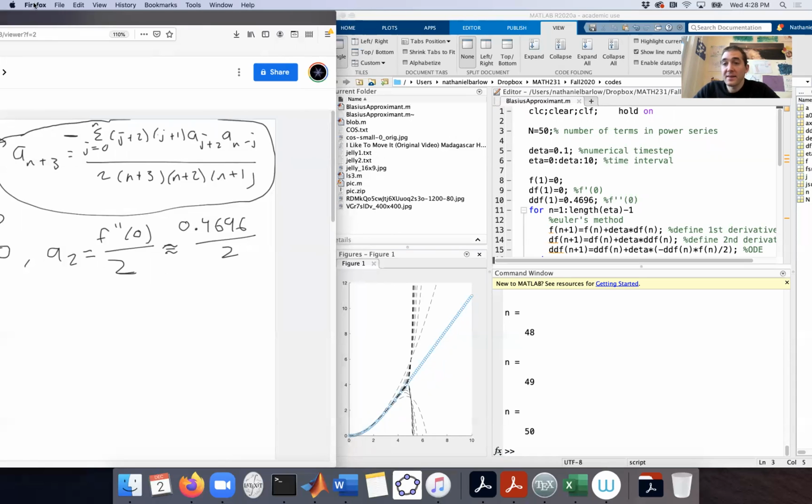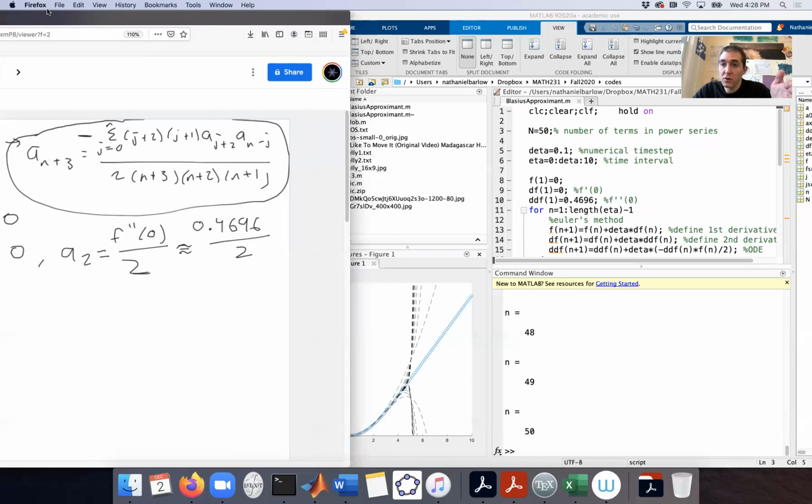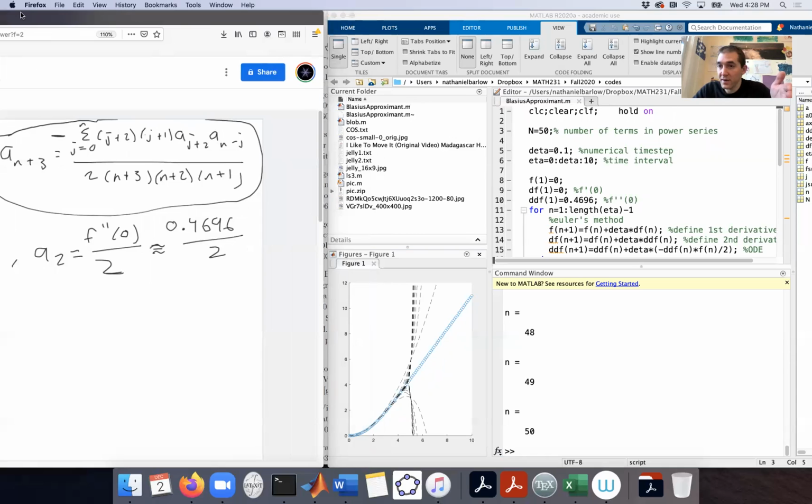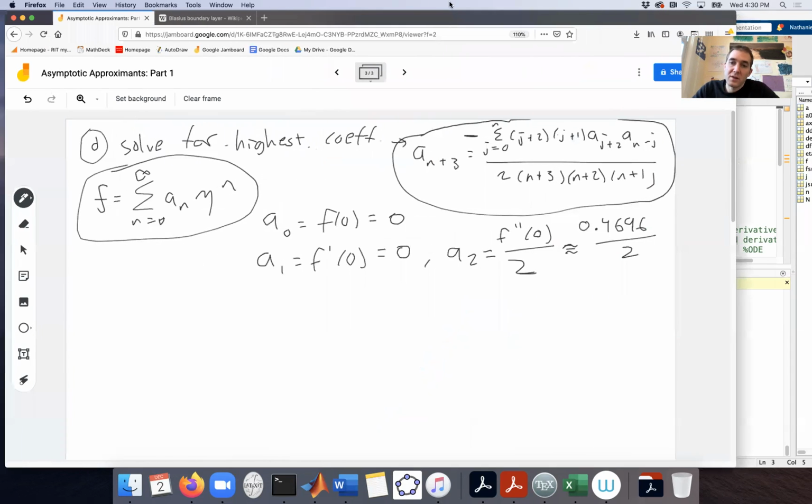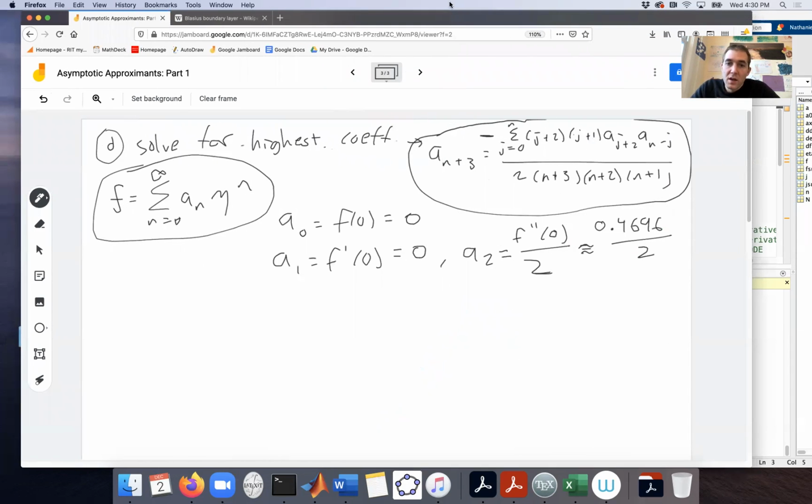Somewhere, it's not a positive singularity because there should not be any place for positive eta where this thing would blow up, or we would see that in the numerical solution. So for either a negative eta or a complex eta, an eta in the complex plane, the distance away from the origin has a magnitude of around 5. And so that's causing that to diverge.